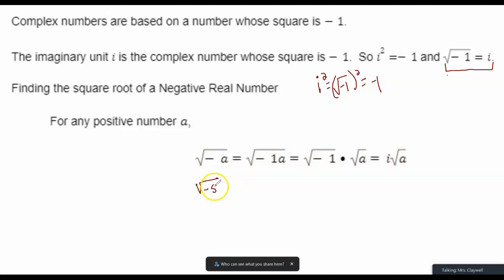Let's think it through with the square root of -5. We can think of this as the square root of -1 times the square root of 5. I'm going to write that differently.